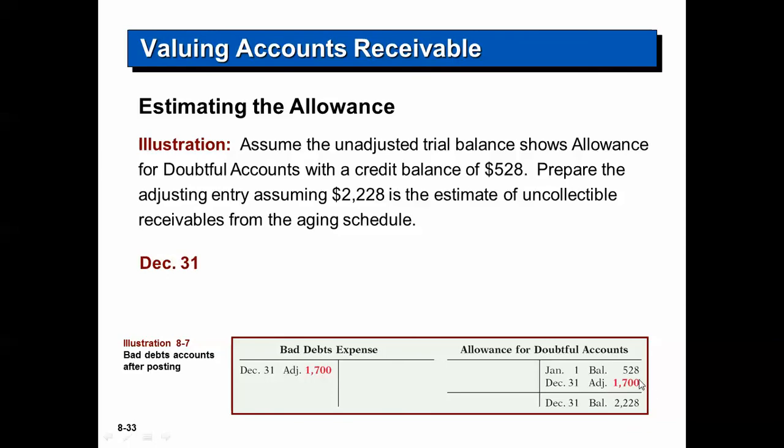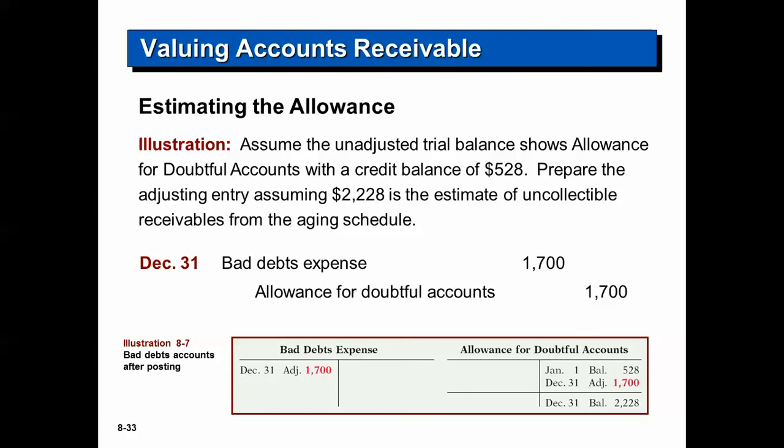So in order to bring it up to 2,228, I must make the journal entry debiting bad debts expense 1,700 and crediting the allowance 1,700. So that when I post this, my allowance now is $2,228, and I'm recognizing bad debts expense of $1,700.